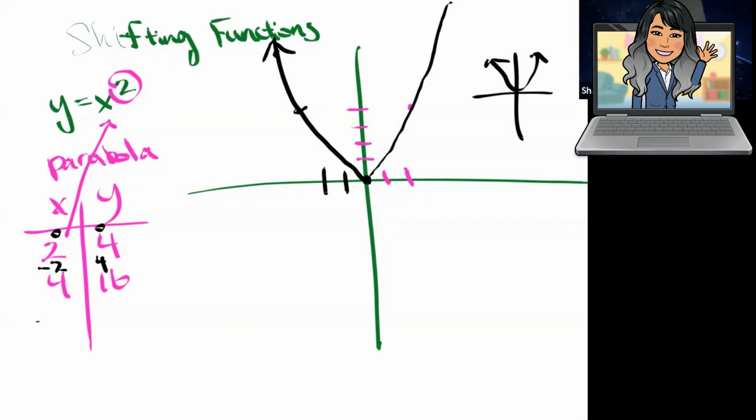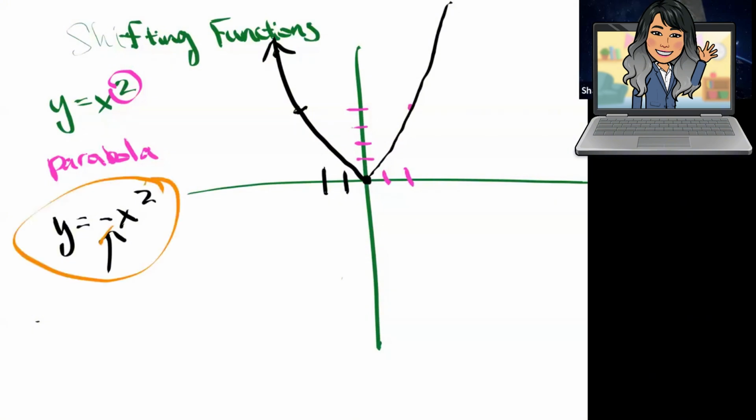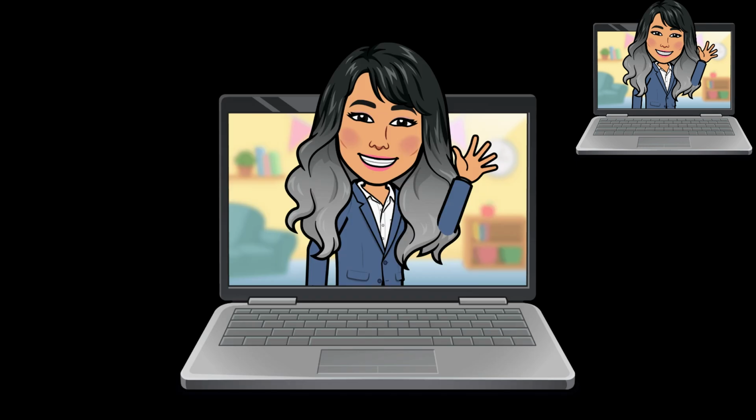Okay. So now if it becomes negative, I'm gonna erase all the other stuff here. If it's negative, you just flip it. Negative x squared. If I add a negative, it just goes this way.